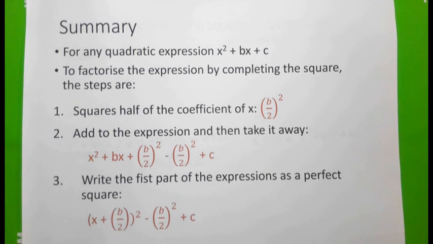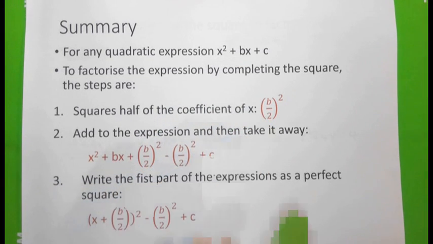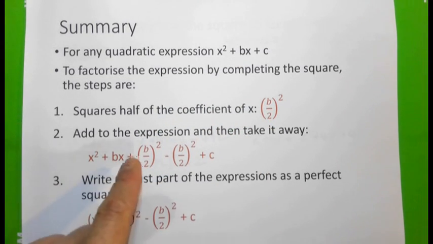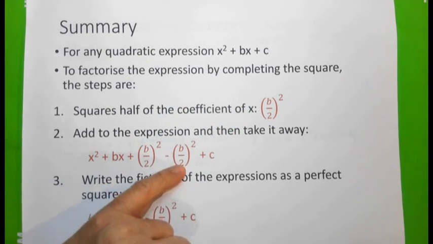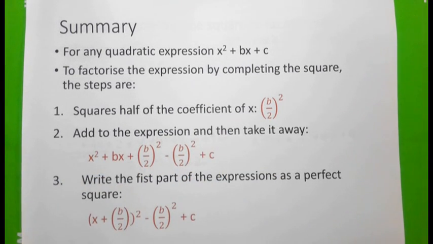First, square half the coefficient of x, which means it's (b over 2) squared. Then add it to the expression, then take it away, so that actually is 0. We can then write the first part of the expression as a perfect square. These two will become a constant.